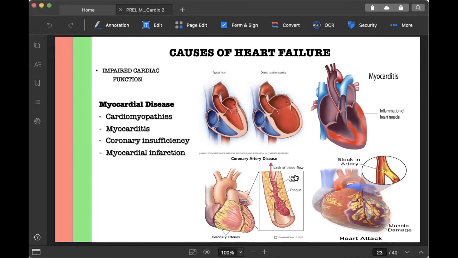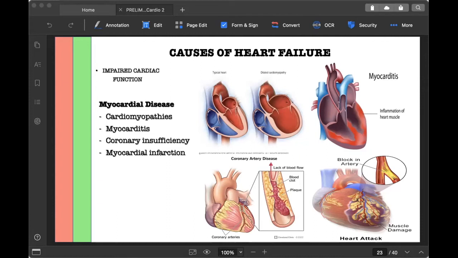So we have blood clots, plaques, cholesterol deposits. They are almost always to blame for coronary insufficiency or CAD. Okay, these buildups actually narrow your arteries, decreasing the blood flow to your heart, and this can cause chest pain, shortness of breath, or even a heart attack.